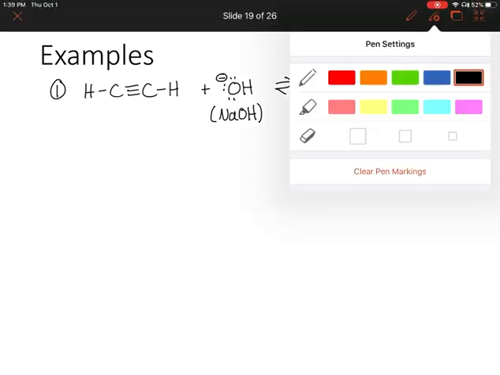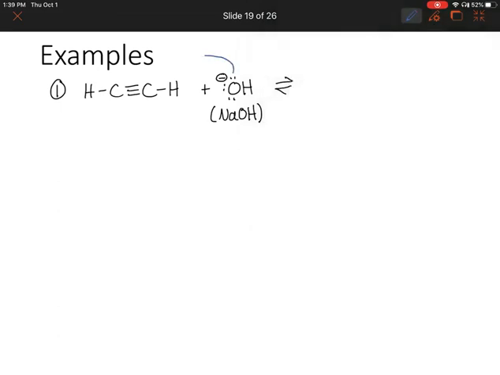Okay, so our base is going to grab onto one of the hydrogens, and then we'll leave behind a lone pair of electrons. And now our conjugate acid is water because OH grabbed onto another hydrogen. And I'm just drawing the lone pairs there for consistency.